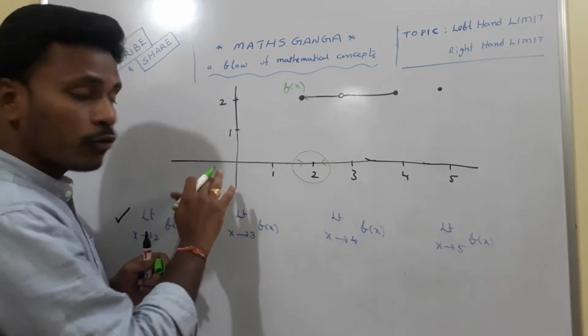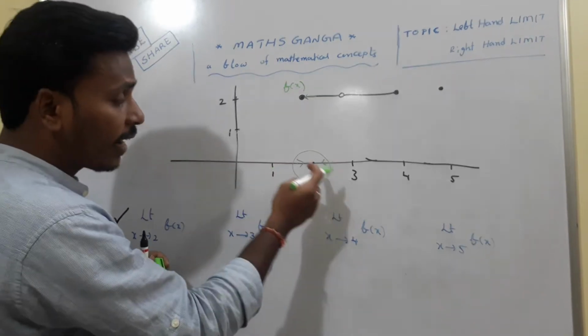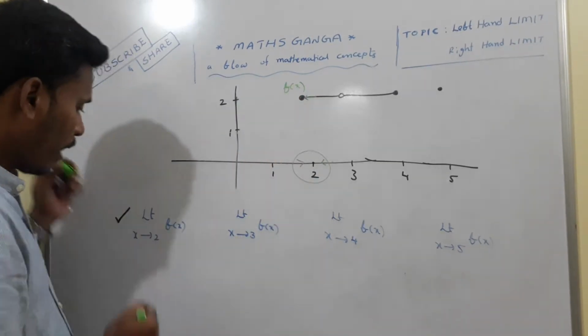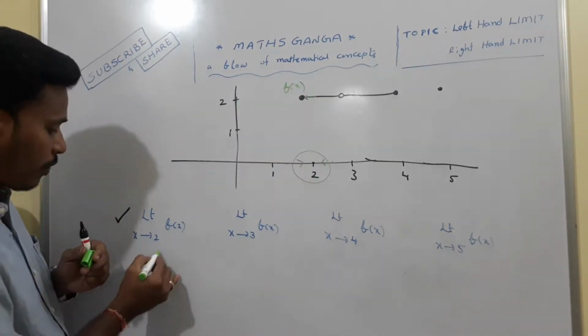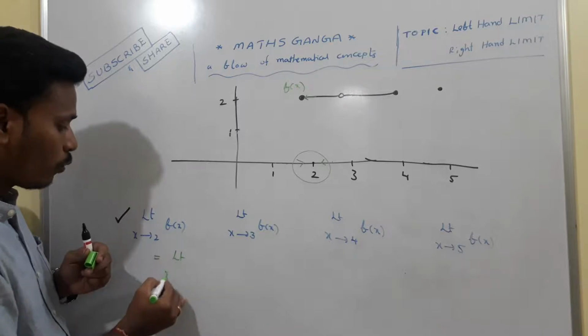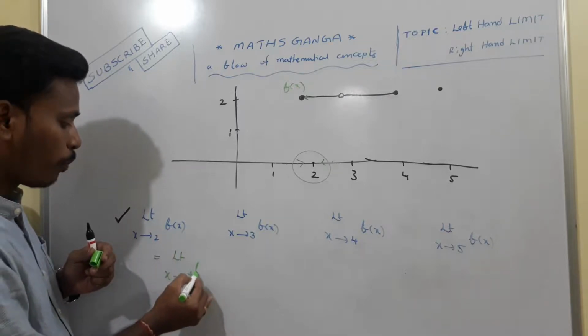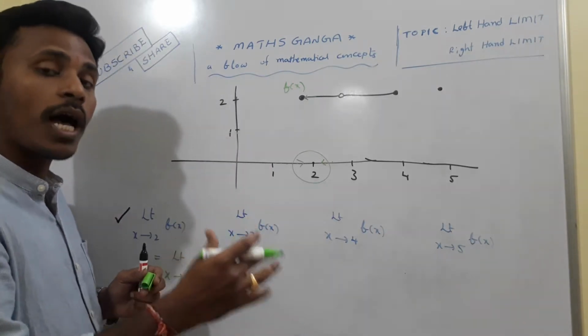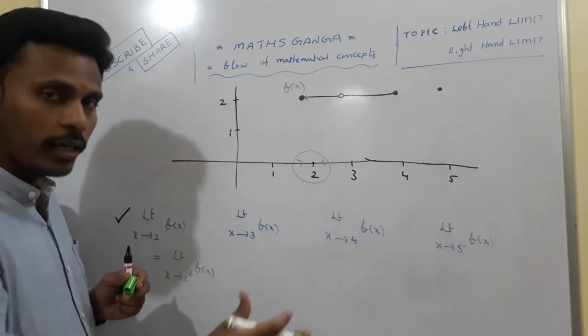So in the left side of 2 there is no limit, but in the right side of 2 the limit value is 2. So limit x tends to 2 f of x is directly equal to limit x tends to 2 plus.